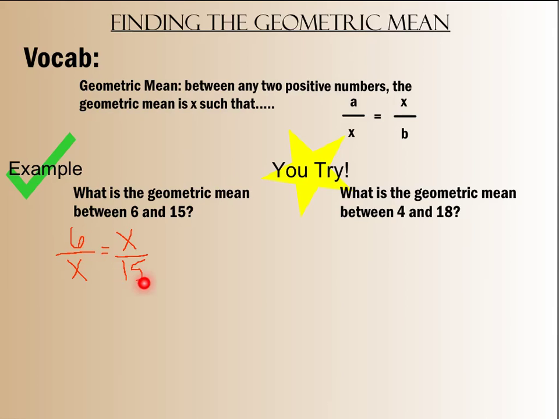I'm going to cross multiply, which gets me x squared equals 90. I take the square root of both sides, and I get x equals, oh boy, that's going to be a decimal. If I look at square root 90, when I put that in my calculator, I get 9.486832, blah, blah, blah, blah.